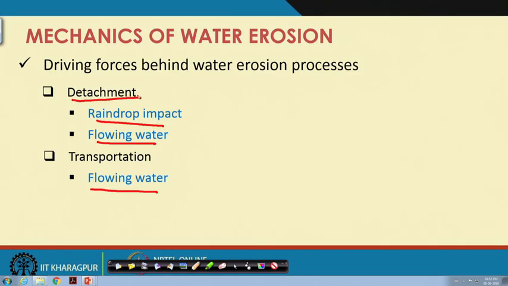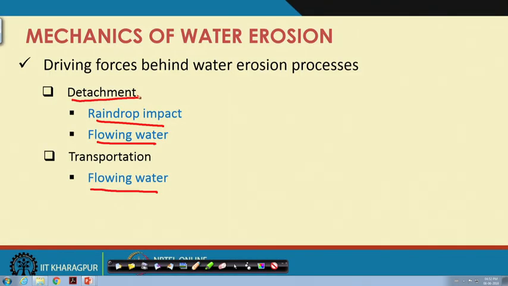When the raindrop hits the soil surface, because of its velocity and kinetic energy, it hits hard and breaks the soil aggregates, and the soil particles get splashed all around. This splash process is nothing but detachment of the soil particles.